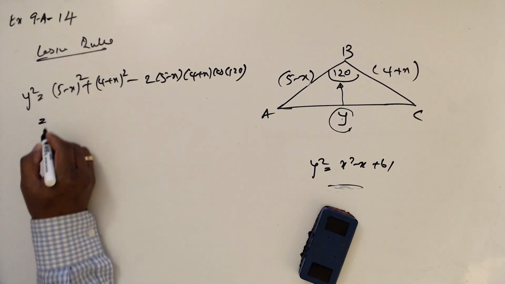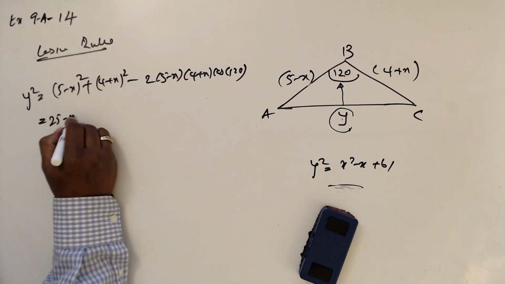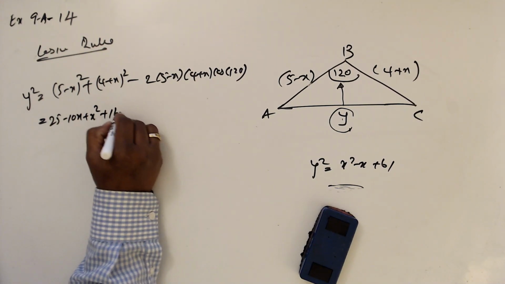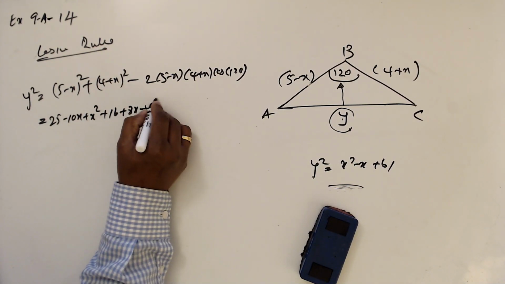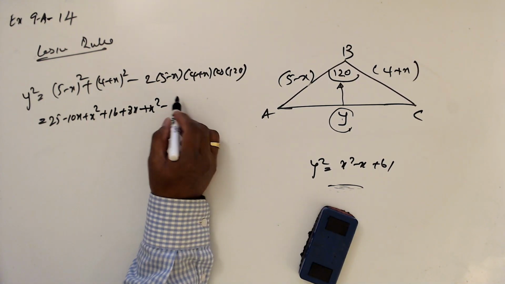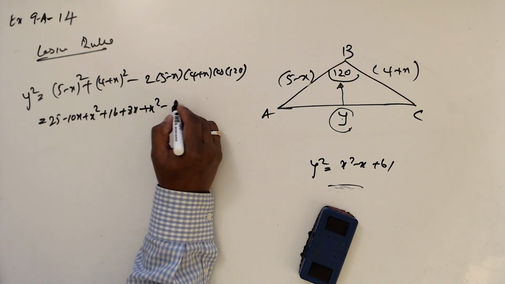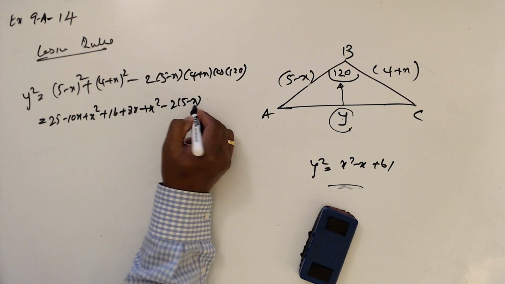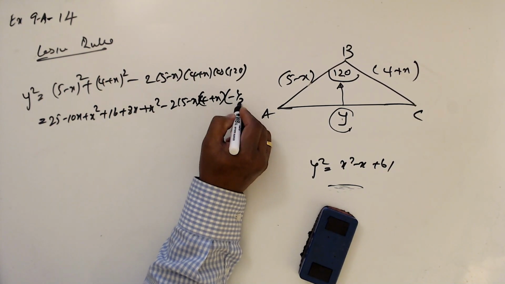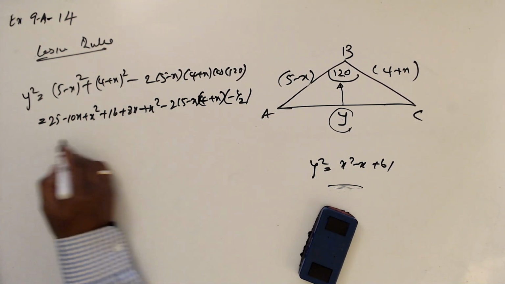So this is going to be 25 minus 10x plus x squared plus 16 plus 8x plus x squared minus 2 times (5 minus x)(4 plus x) times minus half. So this minus and this minus become plus.